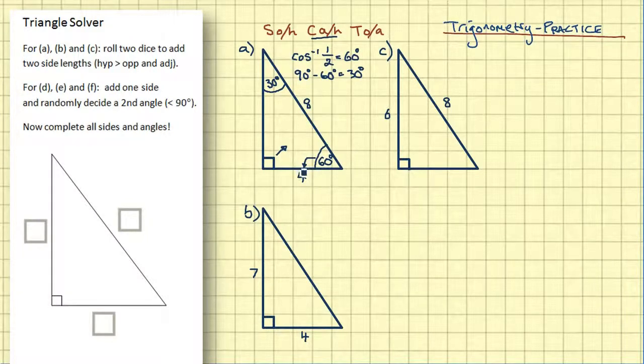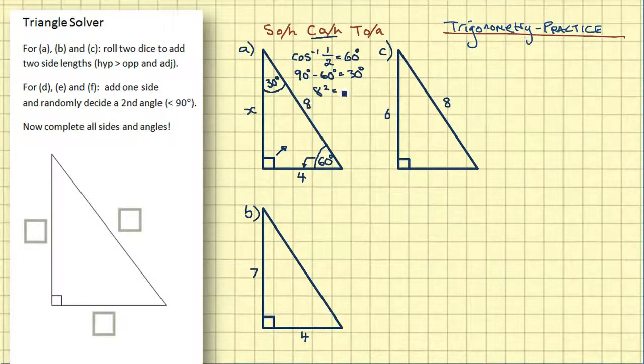Excellent. Now, what about my missing side length? Well, I could use the trig ratios, but I'm just going to use Pythagoras, I think. So I've got 8 squared, okay, equals, let's call this x.